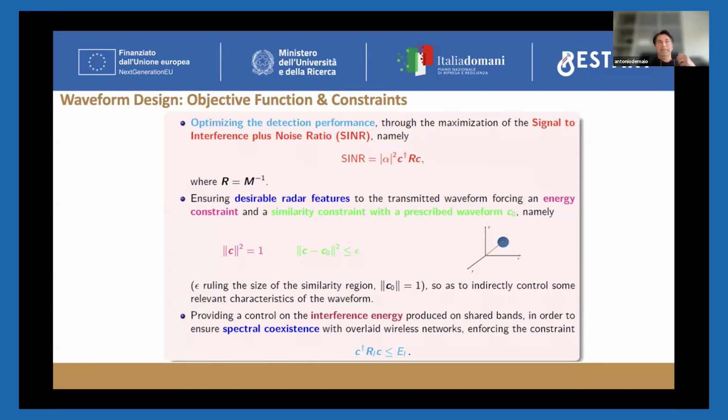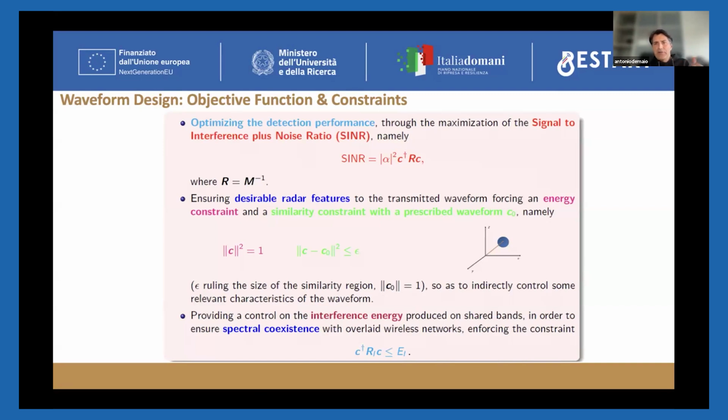radar signal. In other words, we are forcing our waveform to lie in a ball which is centered around the nominal radar signal and whose size influences the degrees of freedom in our optimization. The larger the ball, the higher the number of degrees of freedom that we have in our optimization.